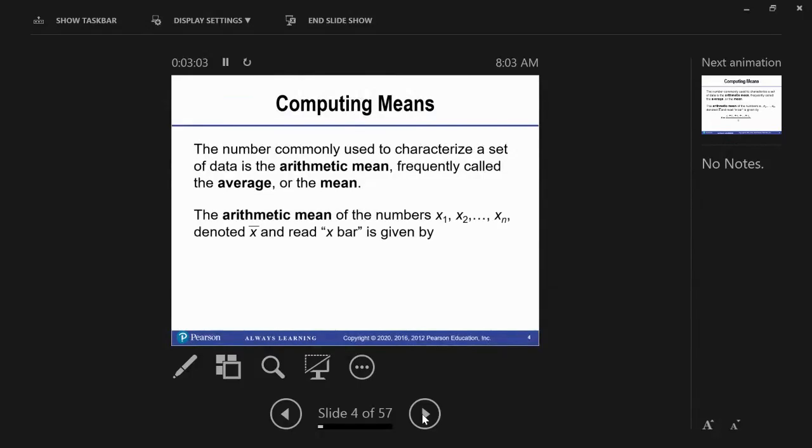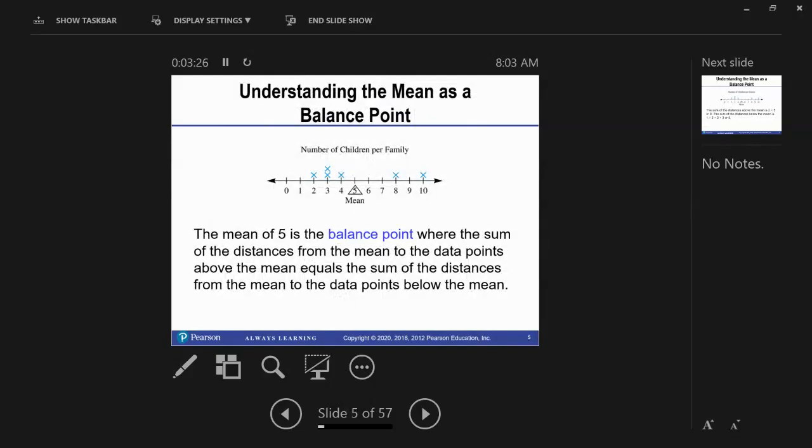The arithmetic mean of the numbers x1, x2, x3, all the way to the end is denoted by this x with a line above it. Okay, that symbol is read x bar. And so our formula for mean, all this is describing is you're going to add all your numbers up and then divide by the number of numbers you have.